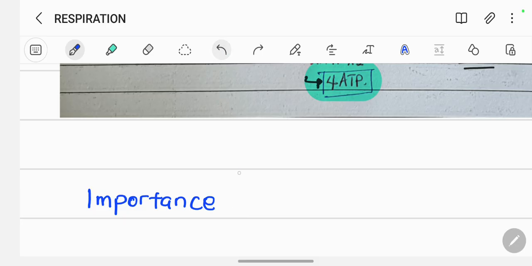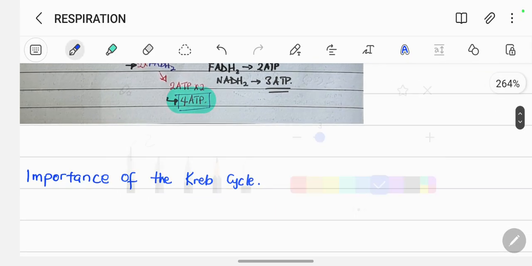Importance of the Krebs cycle, or its significance in life.